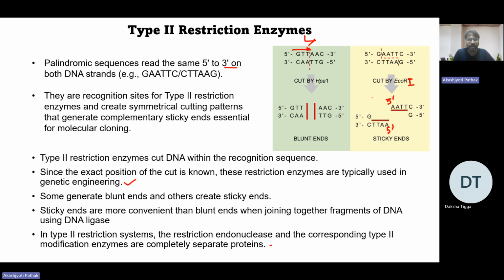In type 1 restriction enzymes, we saw that there is one protein with three different subunits, each having a different function. One recognizes the sequence, one modifies the DNA, and another cuts the DNA at the restriction site. But in type 2 restriction enzymes, the modification protein is different and the restriction protein is different.